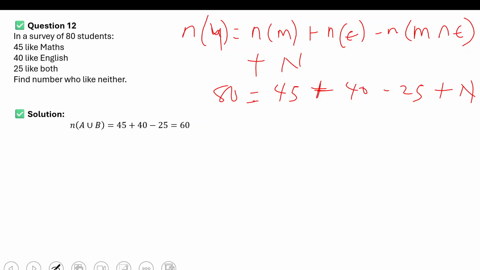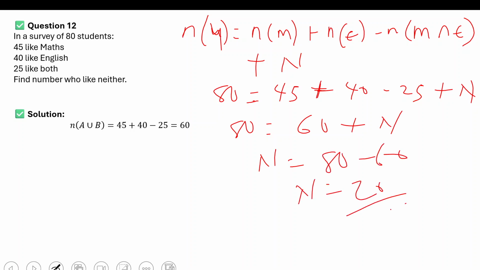We can now solve using the equation to find the unknown n. So 80 is equal to 40 plus 45 minus 25, which gives us 60 plus n, and n is 80 minus 60. n is equal to 20. So 20 people like neither subject.